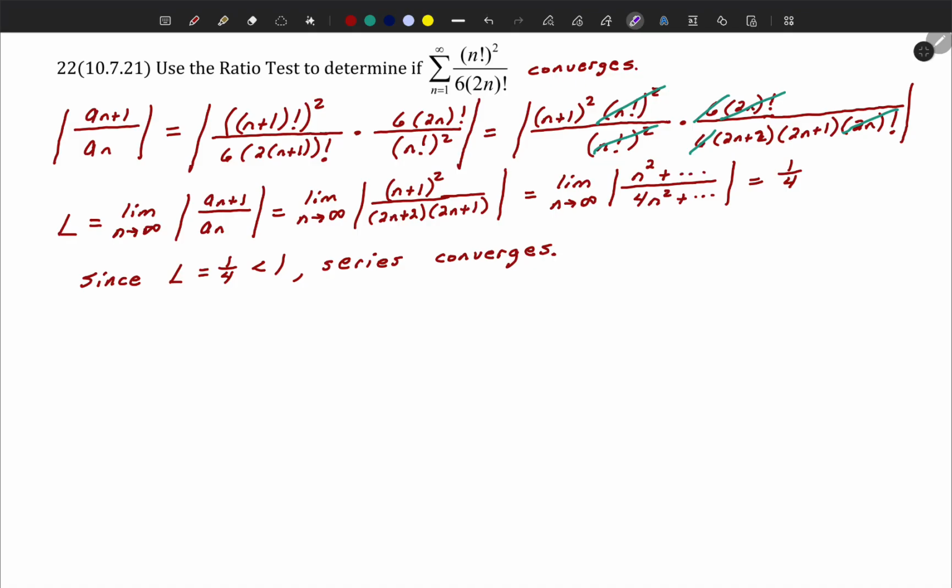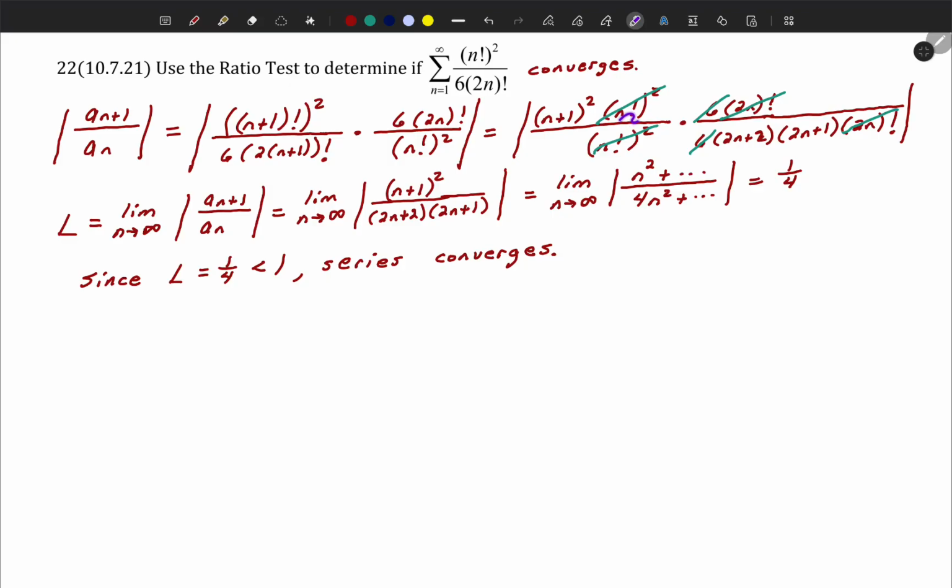Now in the next step, here's where I was just trying to make some sense out of this. I know that n plus 1 factorial quantity squared and this n factorial are going to have a lot in common, so I grouped them together. I know that n plus 1 factorial squared is going to have an n plus 1 times an n plus 1, which is going to be n plus 1 squared, and then times the other terms, one integer value less than that, which is going to be n factorial.